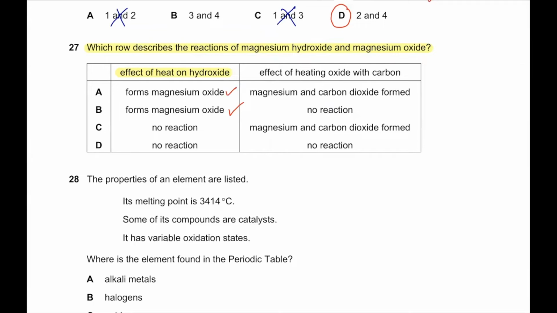It will react. Effect of heating oxide with carbon: magnesium is above carbon in the reactivity series. After magnesium, there is aluminium, then carbon. Since magnesium is above carbon, magnesium oxide cannot be displaced using carbon, so there will be no reaction. So B will be the correct answer.